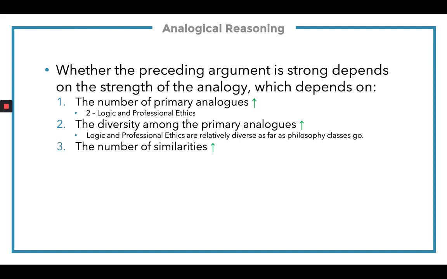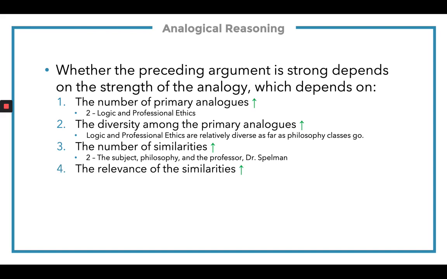The number of similarities between the primary and secondary analogs. Again, as the number of similarities goes up, the analogy gets stronger. In this case, we have 2 similarities: the subject, philosophy, and the professor, Dr. Spellman. The relevance of the similarities. How relevant are these similarities to the thing we're trying to conclude about food ethics?